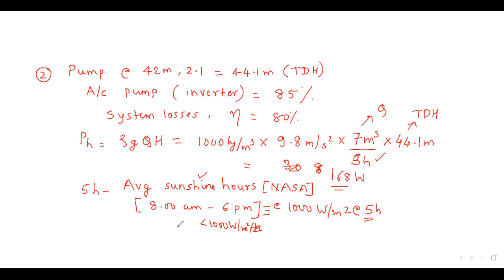We considered the motor pump efficiency as 30%, so the motor input is 168 upon 0.3, which was around 560 watts. Now for sizing the solar PV panel, we first need to include the inefficiencies.